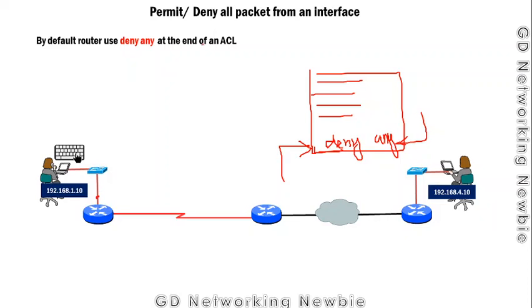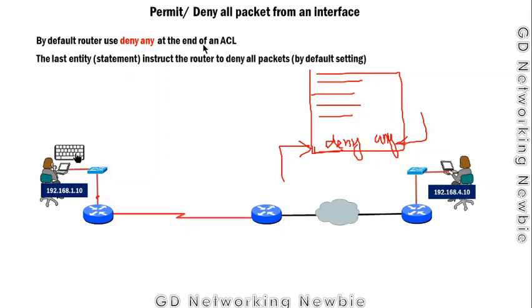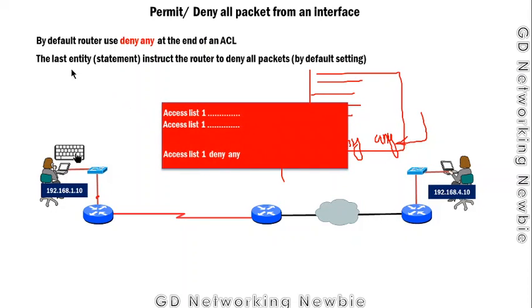And in some situations we want to change it. This last entry instructs the router to deny all packets. This is the default setting. So we can have one entry, then a second entry, but the last entry will be deny any.